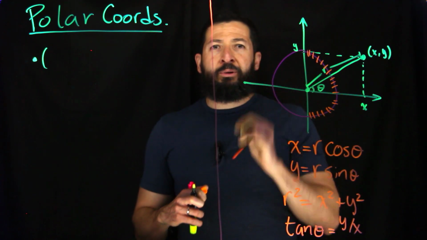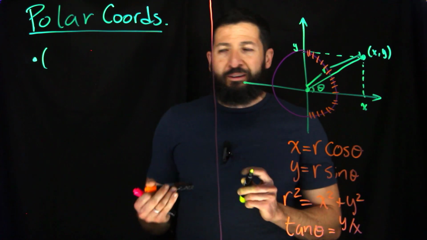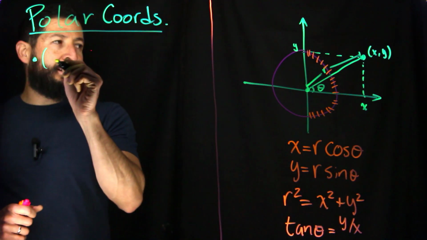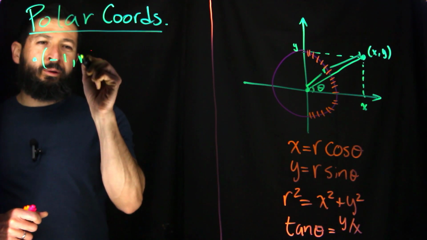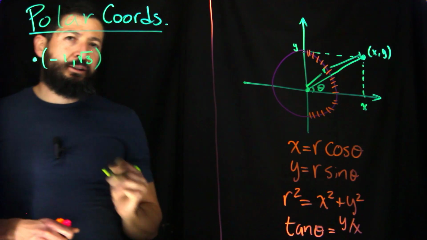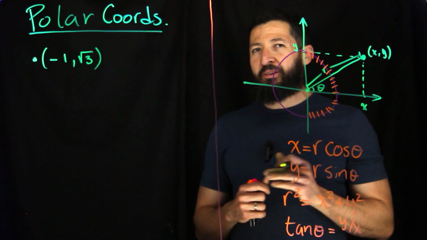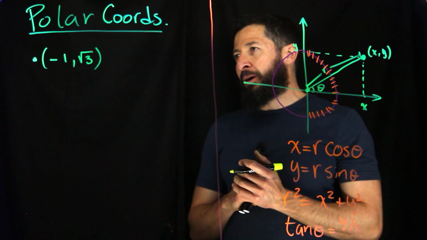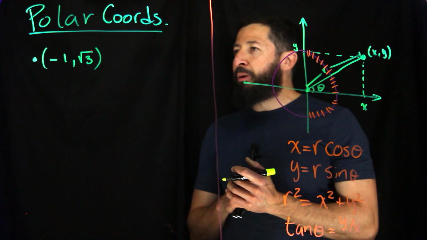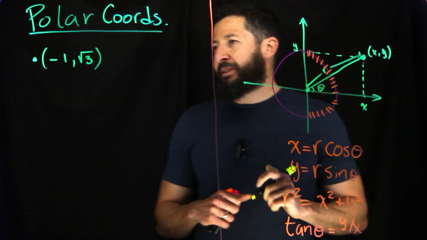Let's put a point here in the other two quadrants, for example, negative 1 comma square root of 3. Something like that. A point that will still be on the unit circle, or a multiple of a point on the unit circle, so we can still compute the angle somewhat easily, but that is going to be outside of what we normally would consider for the arctangent.